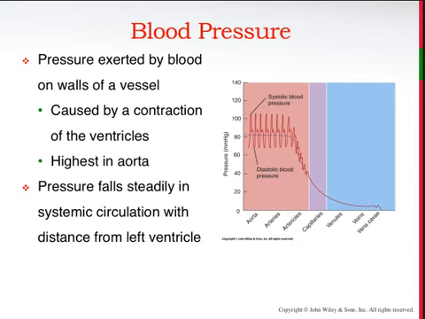Well, the aorta is the vessel closest to the left ventricle. The left ventricle having the greatest contractile force. Therefore, the highest blood pressure is going to be in the initial vessel closest to that high force, which is the aorta. Blood pressure will drop steadily in systemic circulation the further I get from the left ventricle.